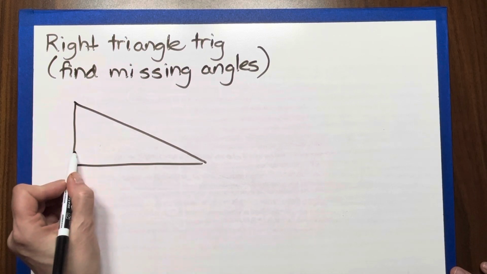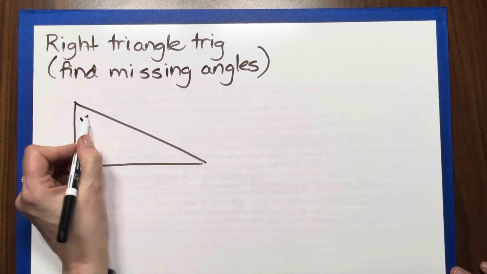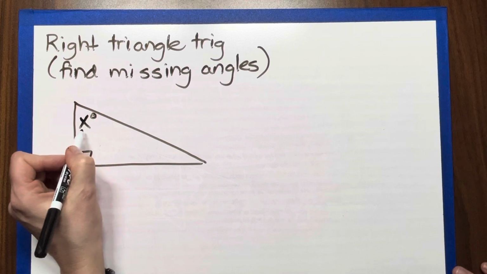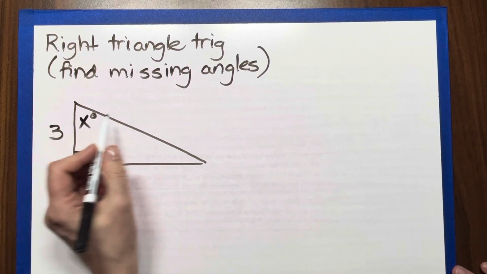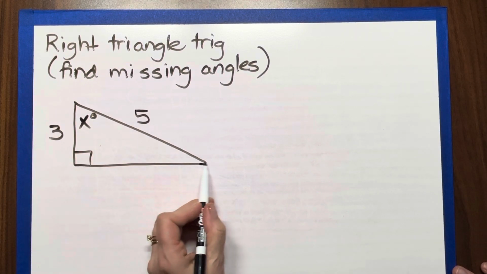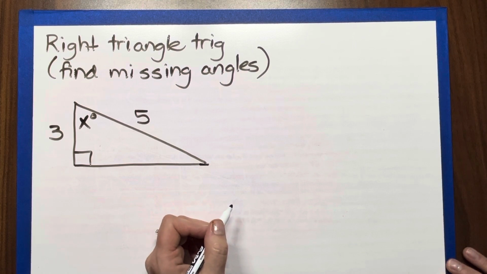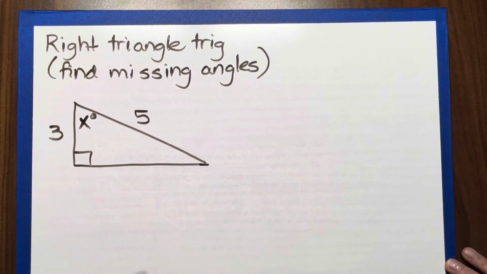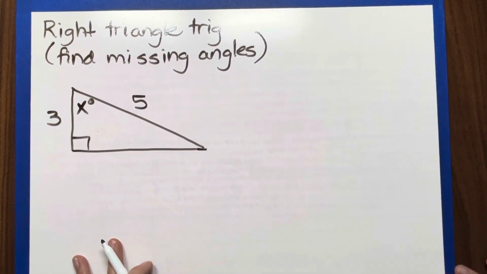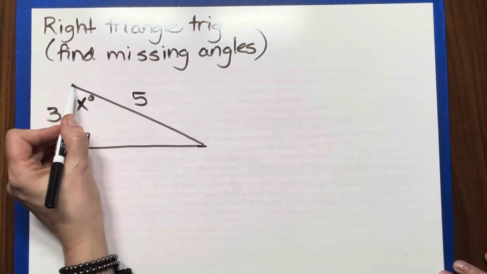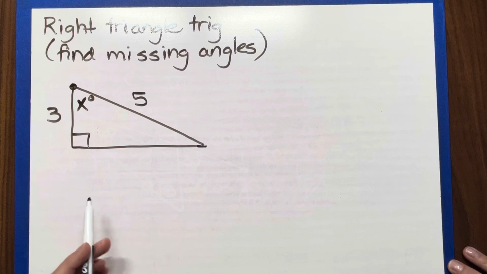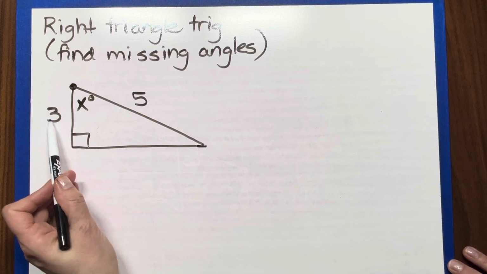So we have a right angle. Here is the angle that we're trying to find. And I now have two sides rather than just one side. And remember your SOHCAHTOA, that's going to help us determine which trig function to use. So I'm standing at my angle, and when I'm looking out, I notice that I'm right next to the 3.